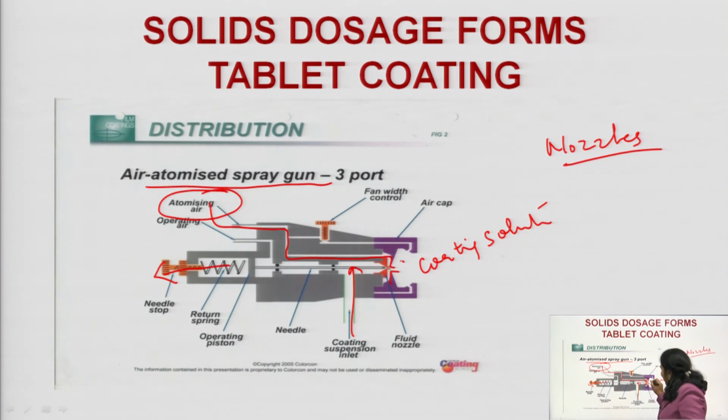There is air at high pressure at this point, and when the coating solution is sprayed, this high pressure air divides the coating solution into small droplets, basically the atomization process. So, ultimately this air pressure is very important for atomization of the coating solution.